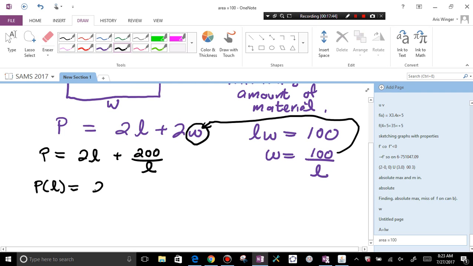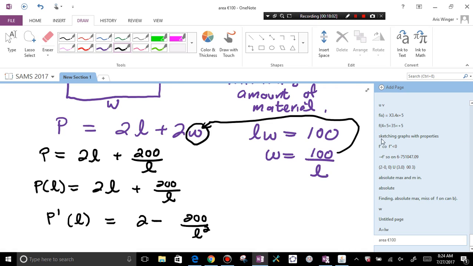Remember, the function of L is 2L plus 200 over L. We'll take a derivative: 2 minus 200 over L squared. We need that to be 0.